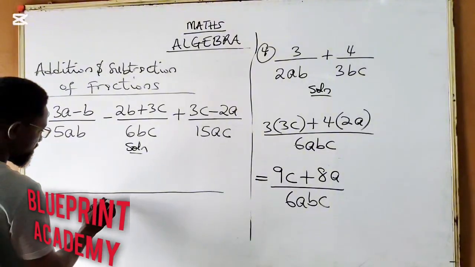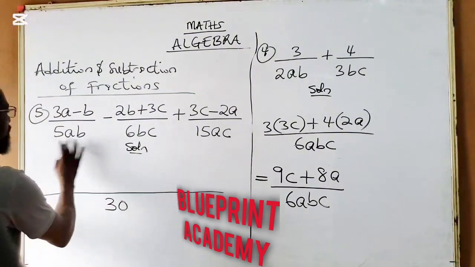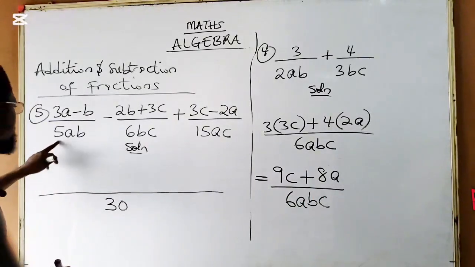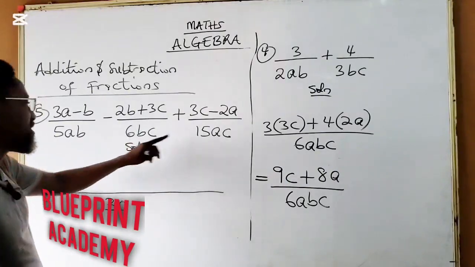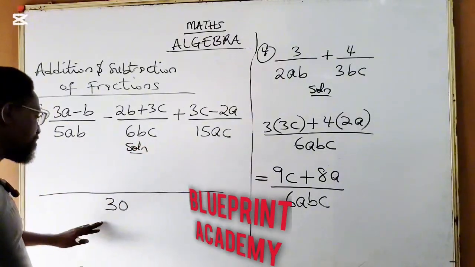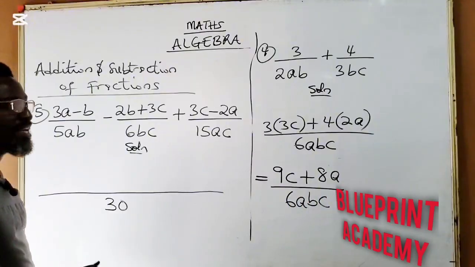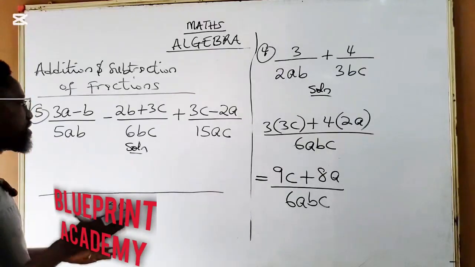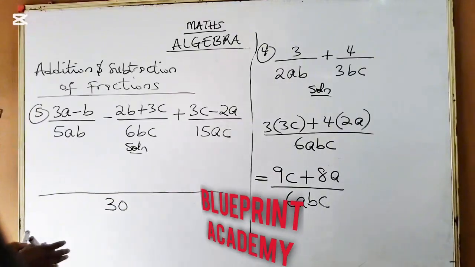So I'll take 30. Another way is to multiply 5 times 6 times 15. You can still use that as the LCM. At the final stage, you just cancel out and arrive at the same answer.